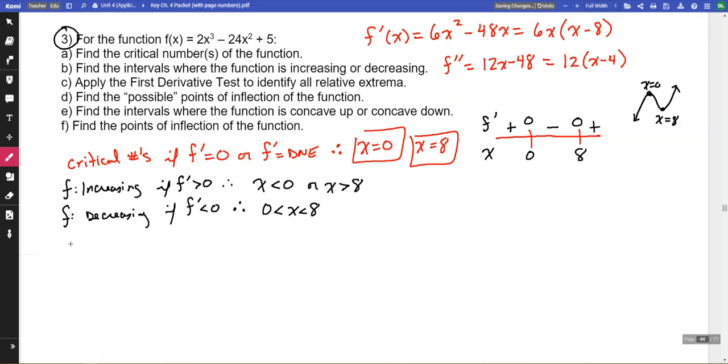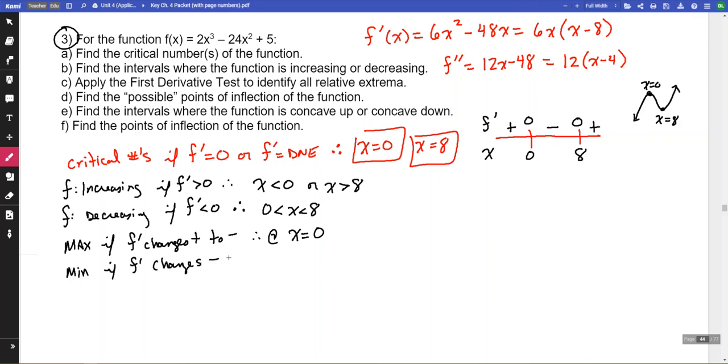We know that we have a maximum if f prime changes from positive to negative. So therefore, at x equals 0. And we know we have a minimum if f prime changes from negative to positive. So therefore, at x equals 8. Now, what is that max value?